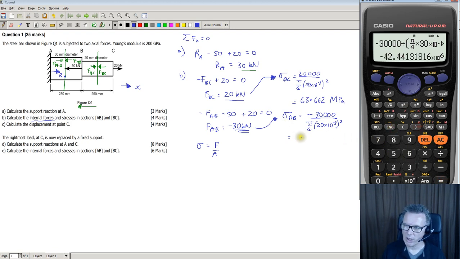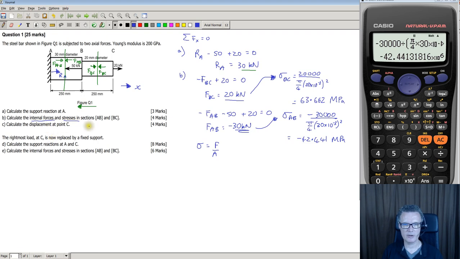So that would be minus 42.441 megapascals. Right, so that's all of B done.